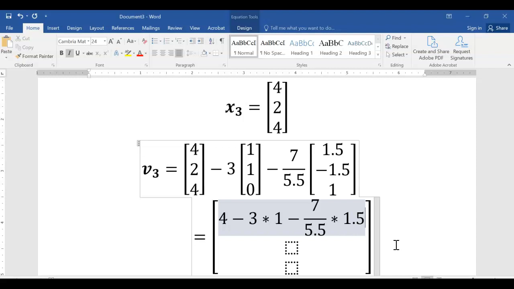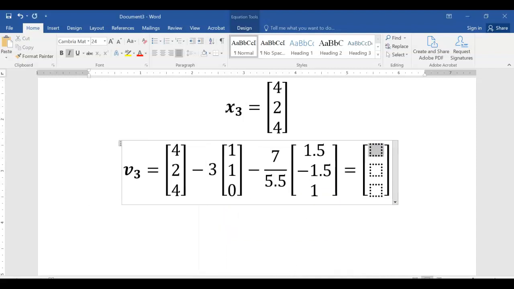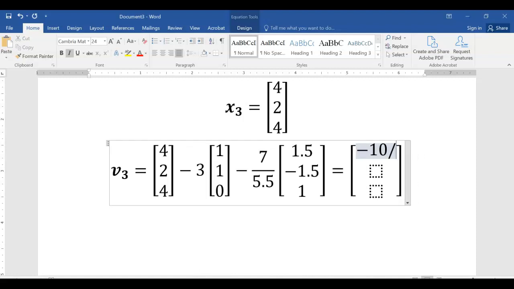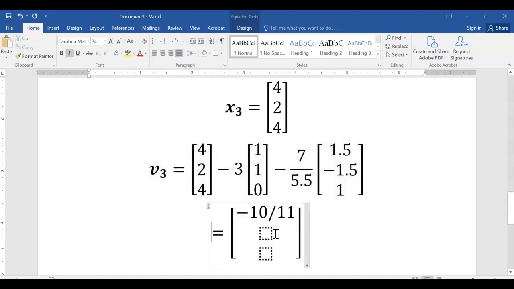When I simplify that fraction, I get negative 10 elevenths. I won't go through every one like that, so let me do the calculations here.